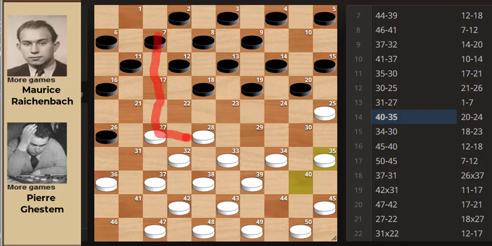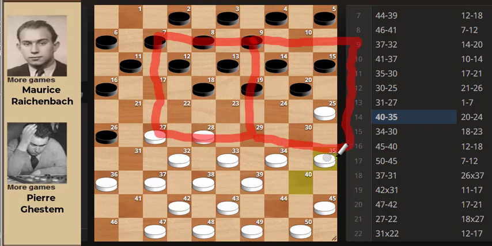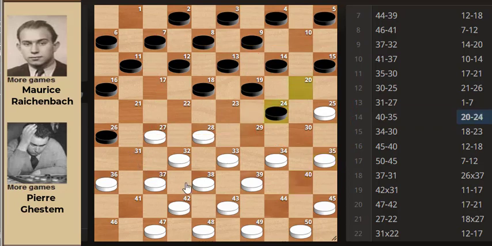We have the square over here and then another square will go that way. This also surrounds the vertex of the square over here. So we decided to take this position, but know that 37-31 can also be played.